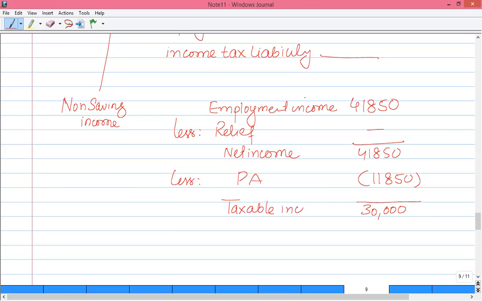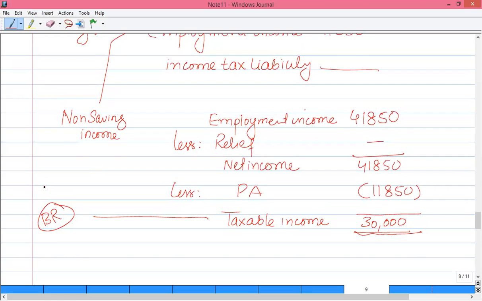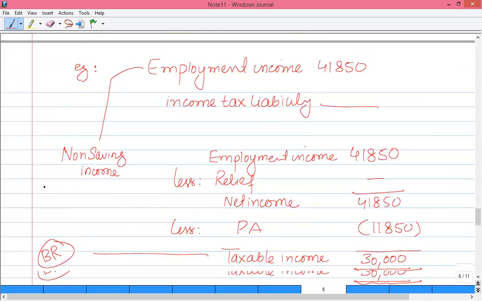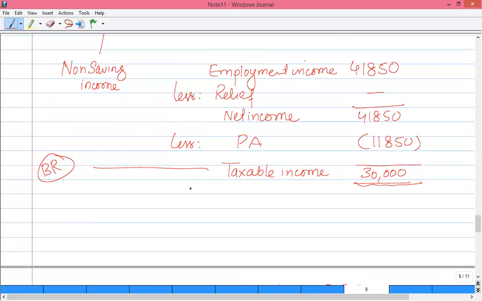So if the income is under 34,500, this person is considered to be a basic rate taxpayer. Now you have to apply the rates. So let's see the rates. For a basic rate taxpayer, if there is non-saving income, then the rate is 20%. So it's now very easy. In order to calculate the income tax liability, 30,000 is the income and the basic rate is 20%. So that is income tax liability of 6,000.